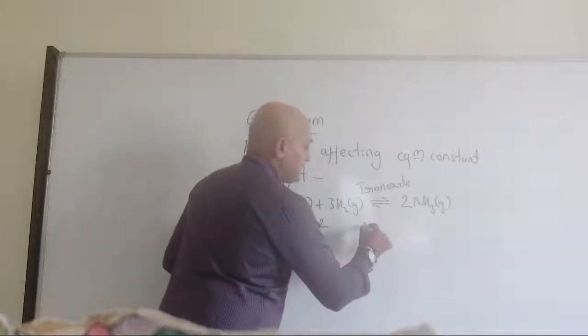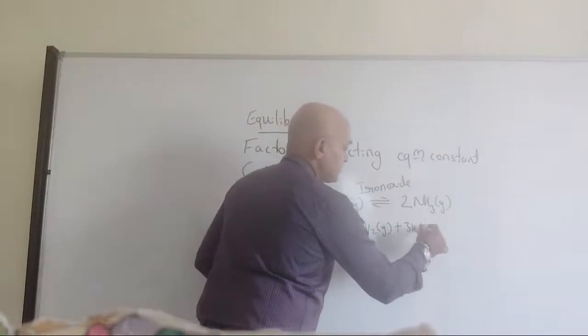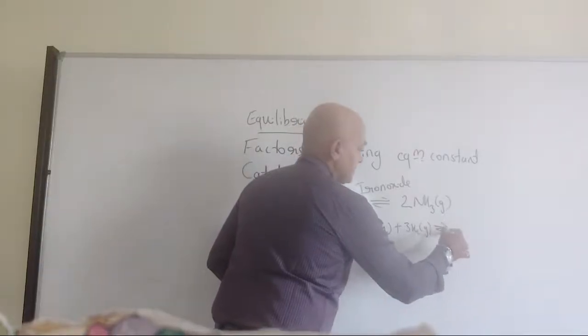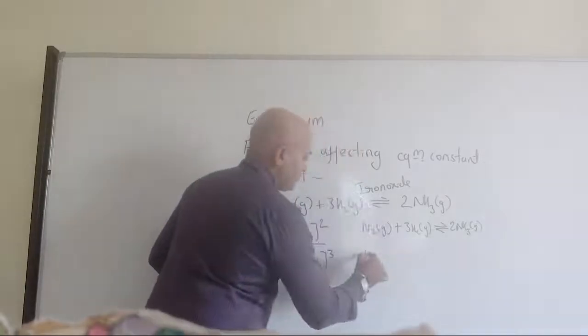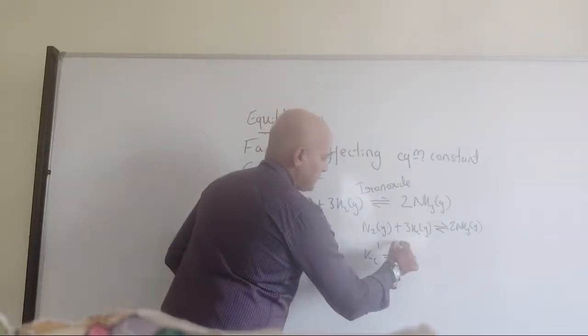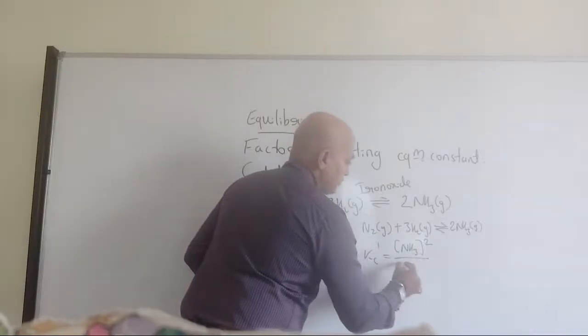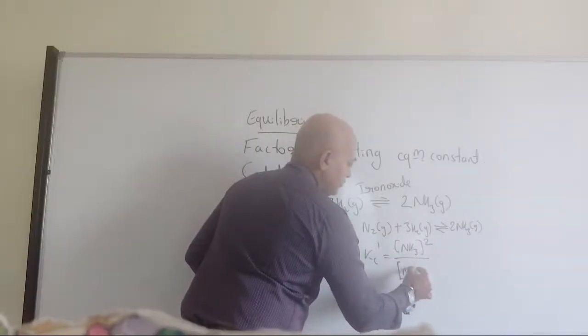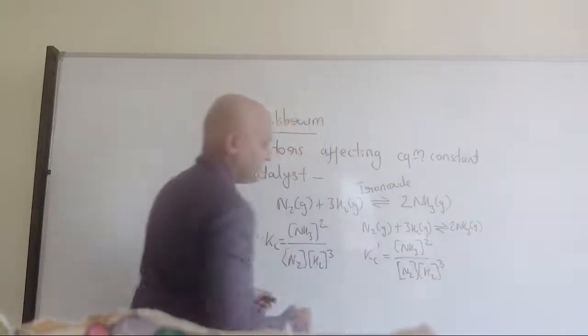Now, I will make this reaction happen in the absence of the catalyst. So for that, I will take the Kc prime value as NH3 to the power of 2 divided by nitrogen into hydrogen to the power of 3.